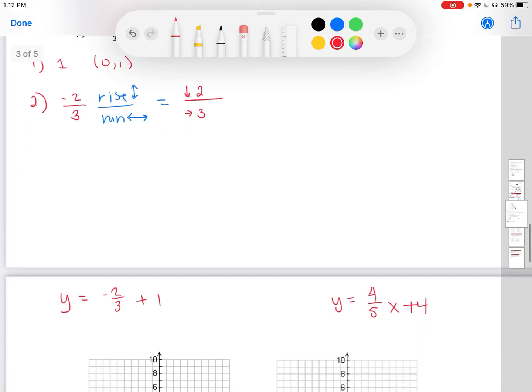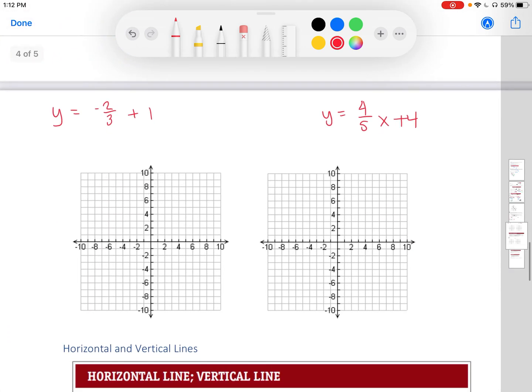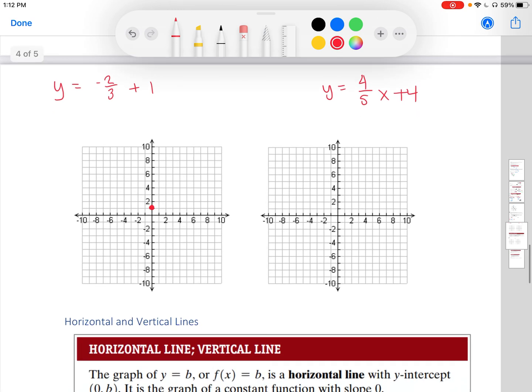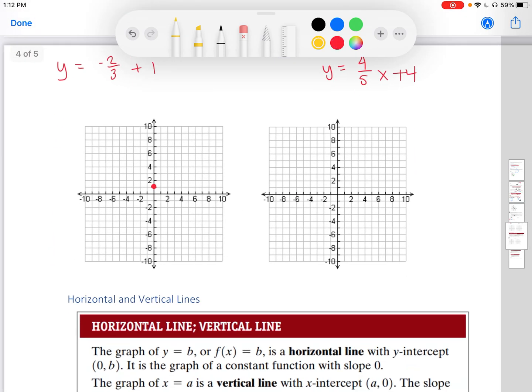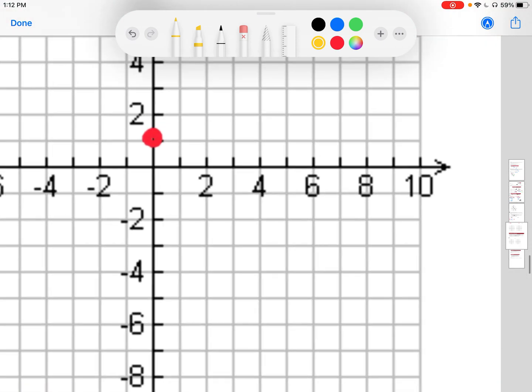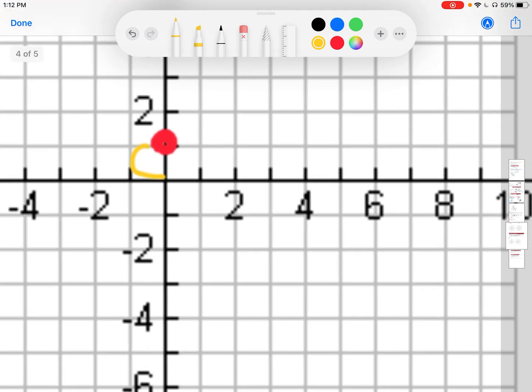So let's go ahead and graph our first graph. So we have our y-intercept of positive 1, and then we said we're going to go down 2 units and then to the right 3, right? Down 2, right 3. So we go 1, 2, and to the right 1, 2, 3.